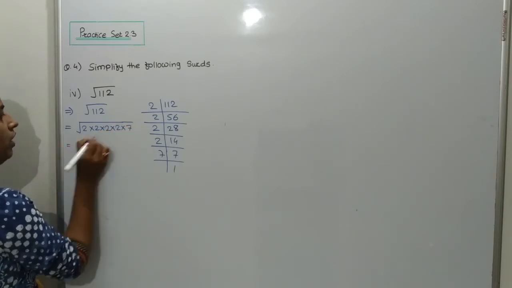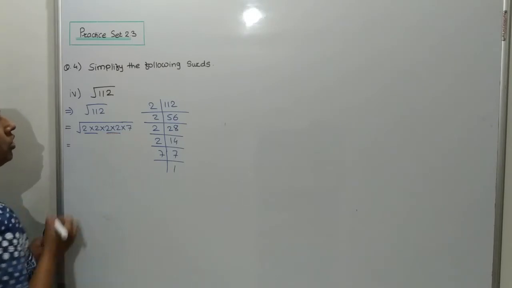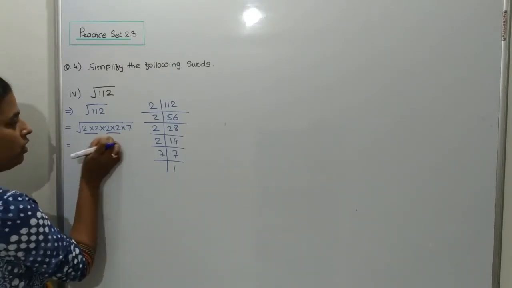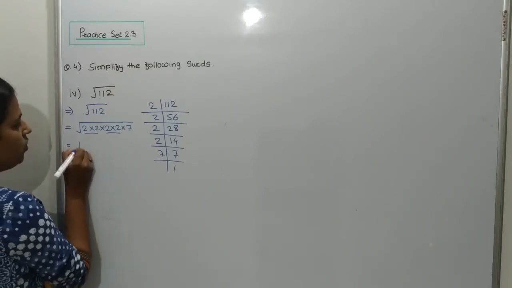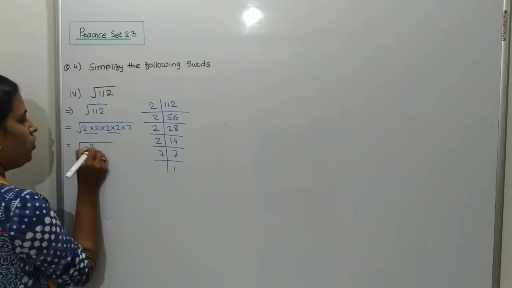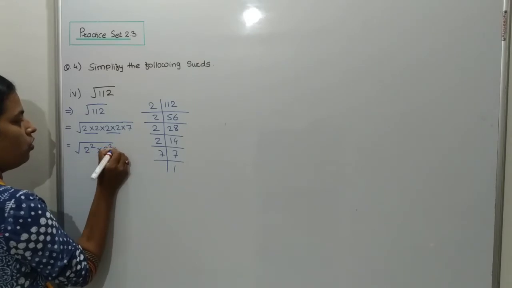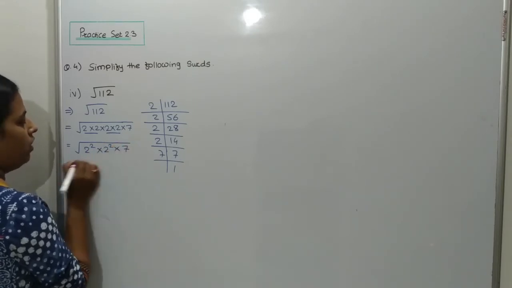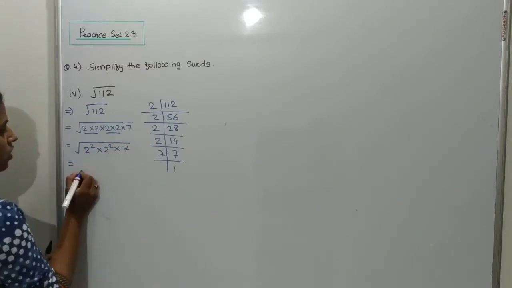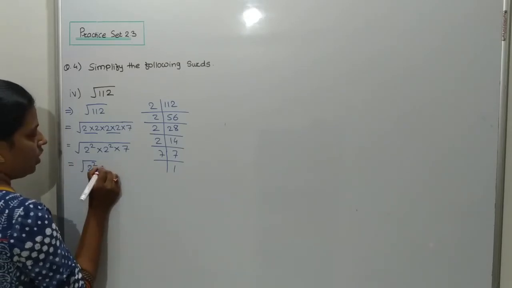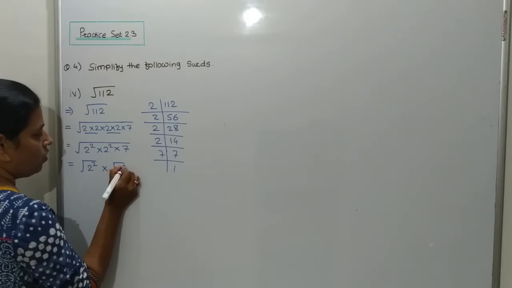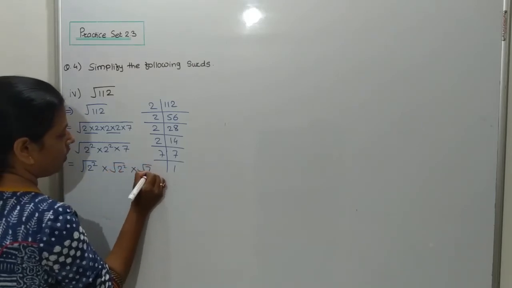Okay. Then we have to group this 2 2. This 2 times 2 and 2 times 2 here. So how to write this? That is 2 raised to 2 into 2 raised to 2 into 7. Now separate the square root sign. That is square root of 2 raised to 2 into square root of 2 raised to 2 into square root of 7.